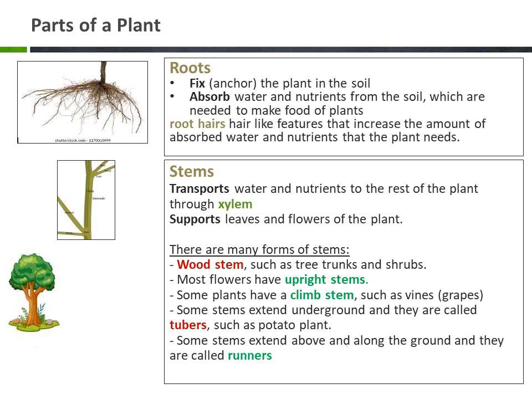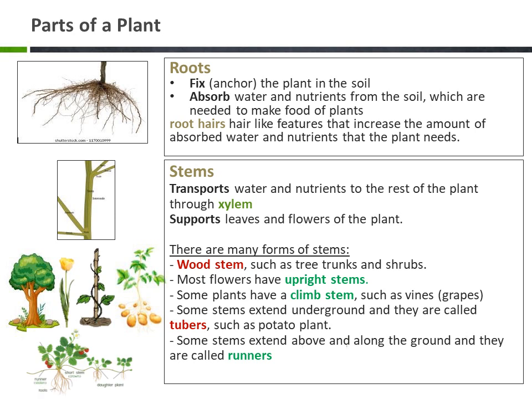Most flowers have an upright stem, and some plants have a climbing stem, such as vines or grapes. Some stems extend underground, and they are called tubers, such as the potato plant. And finally, some stems extend above and along the ground, and they are called runners.